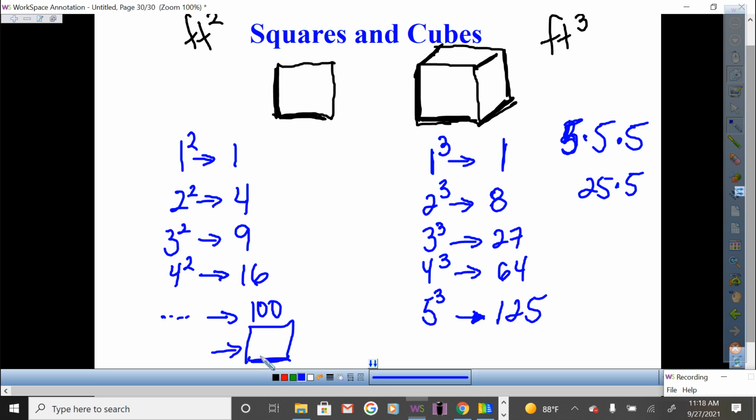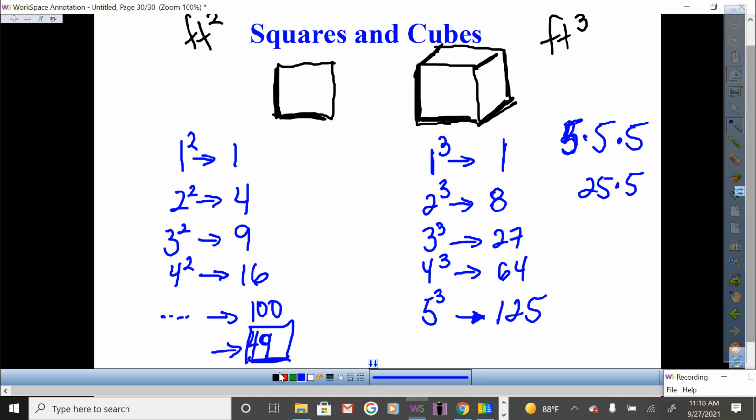You got your number? Yes? All right, help us out, please. Brianna, what would be a squared number? 49.